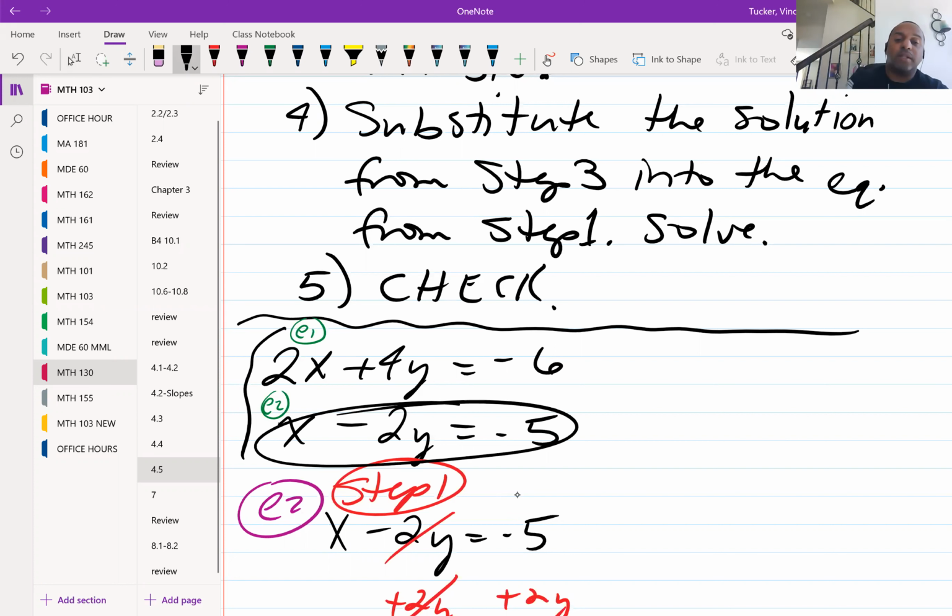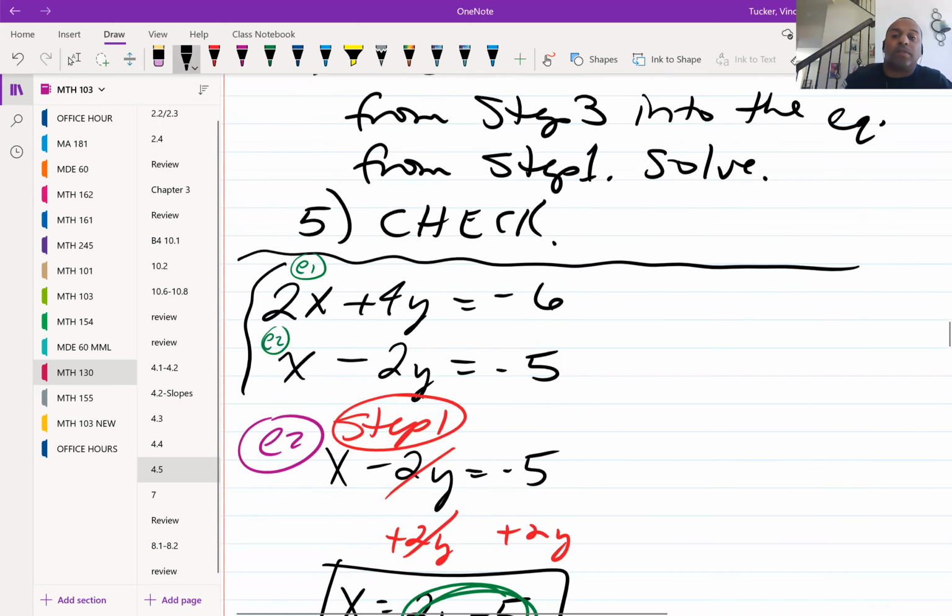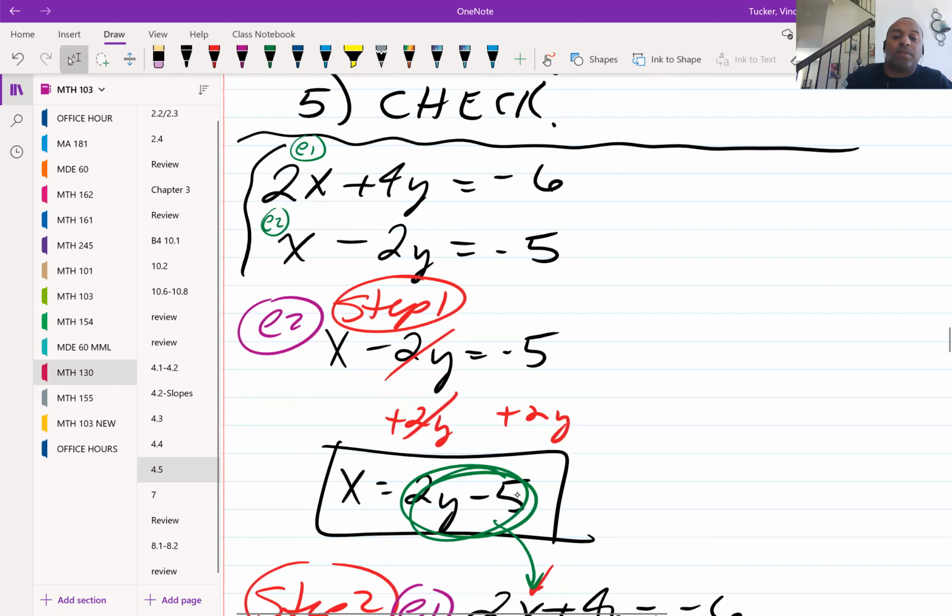So if you look at this second equation and look at solving for x, with the x sitting there by itself, then that will probably be the easiest route to go. So you're starting off with equation 2 and you're solving for x. That's what we did here.